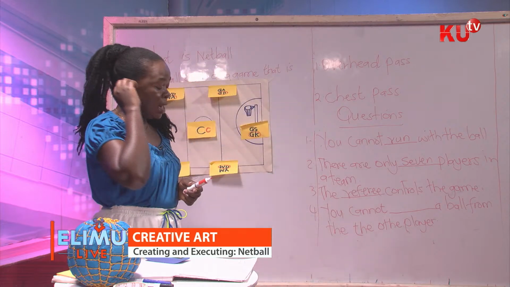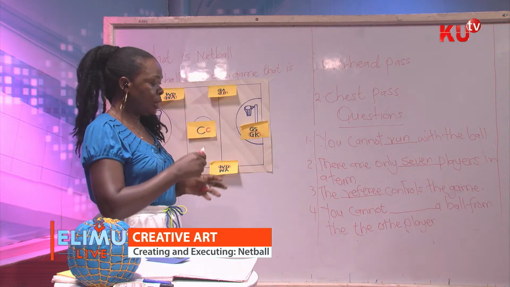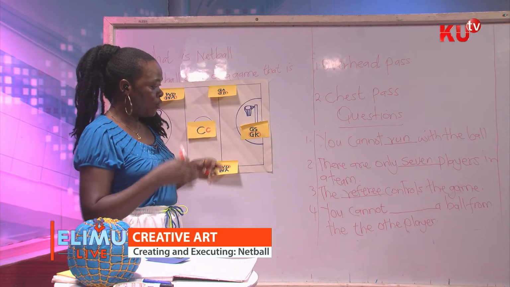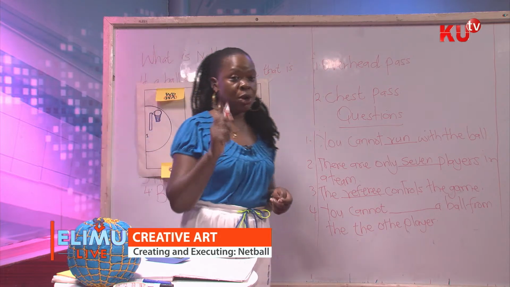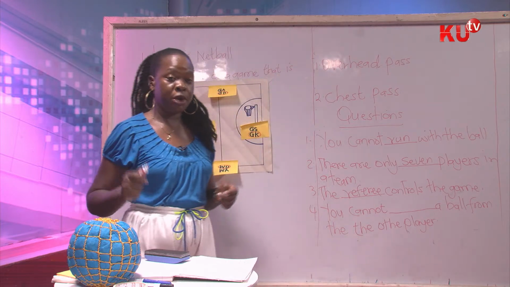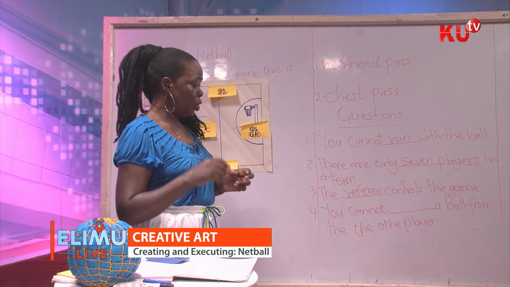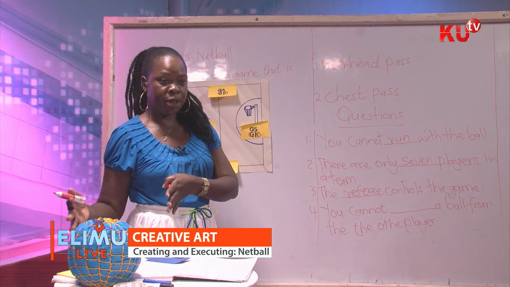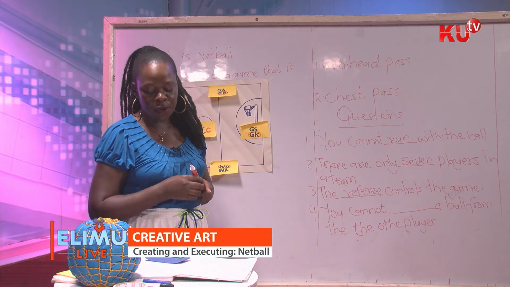So as I said earlier, you cannot hit or snatch the ball from your opponent or from the other player. If you snatch or hit the ball from your opponent, that one is considered as contact. So you give the ball to your opponent and the ball will go towards their goal.